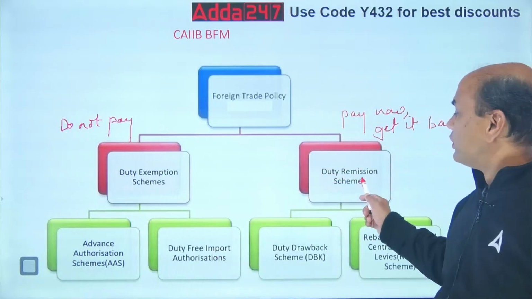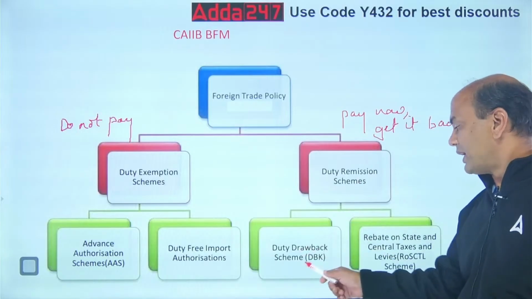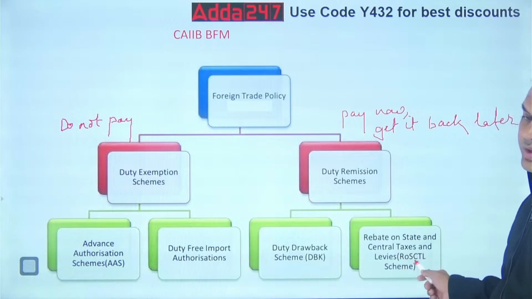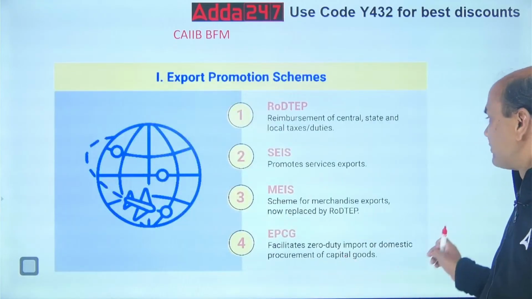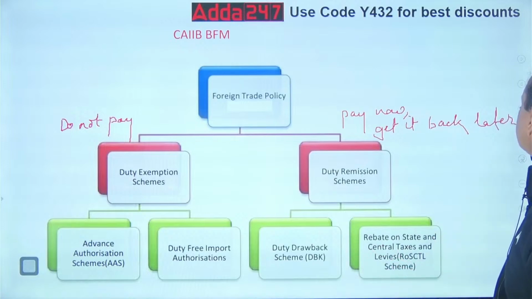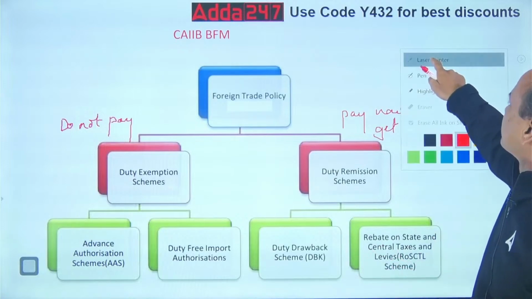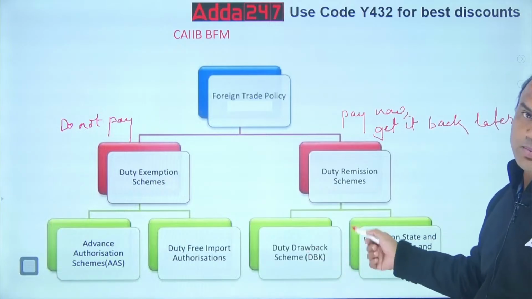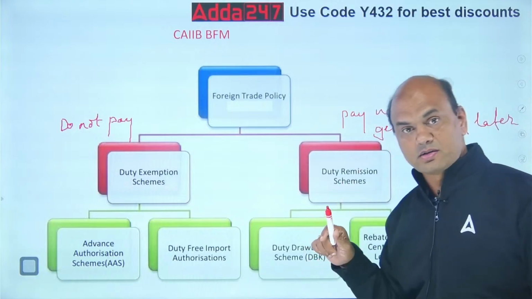Then duty remission scheme: duty drawback scheme, and rebate on state and central taxes and levies. These are all later. Got it? So duty drawback scheme means first you have to pay, then you will get it later.